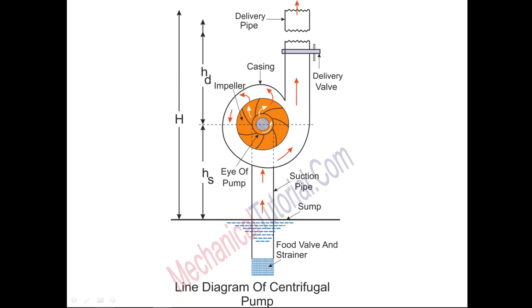Liquid enters the casing, due to the special design of the casing. The velocity of liquid decreases and the pressure energy hence increases. With the high pressure energy and negligible kinetic energy, liquid enters the delivery pipe and is lifted to the required height.